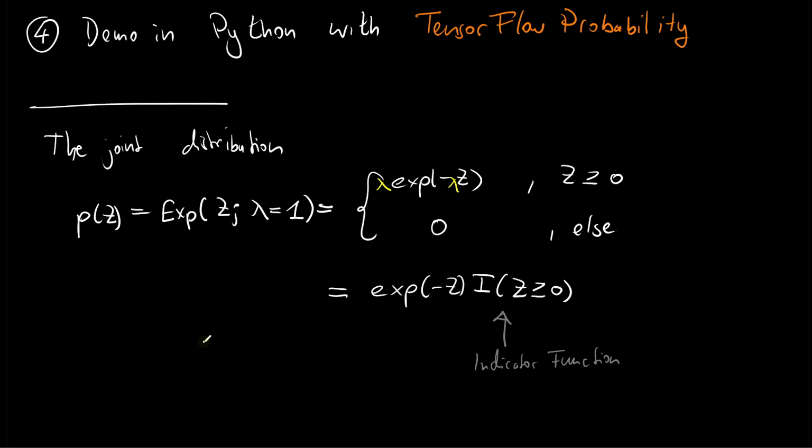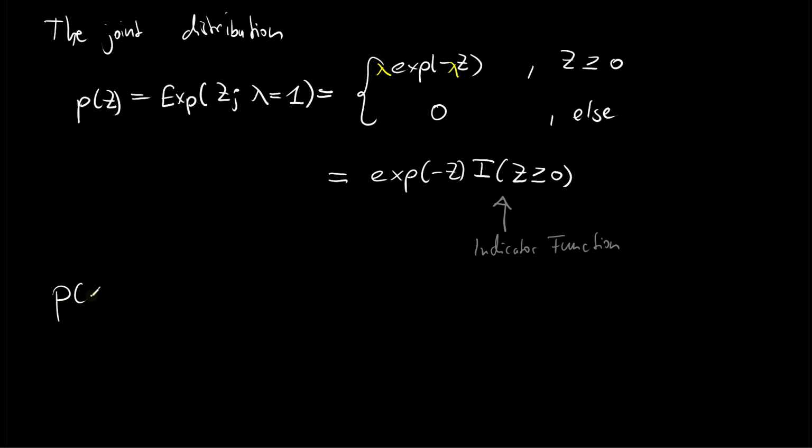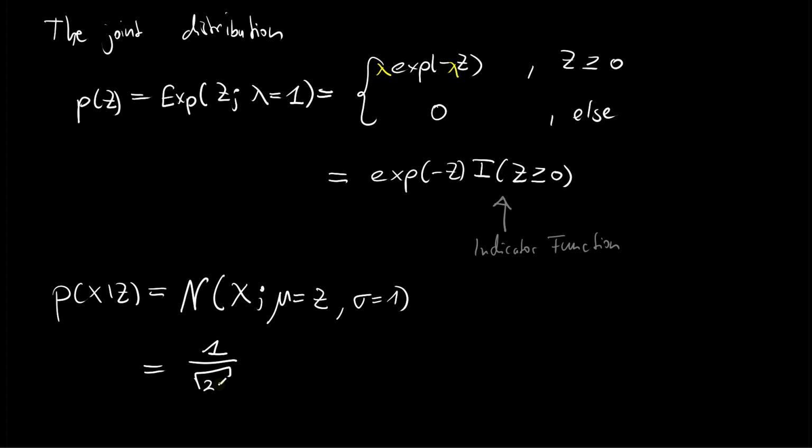Then we also have a way to express our likelihood. So P of X given Z, and this one was just the normal distribution. So this is the normal distribution over X with the parameters mu being given by Z, and sigma is fixed to 1. And then we can write down the functional form. So this is 1 over the square root of 2 pi.